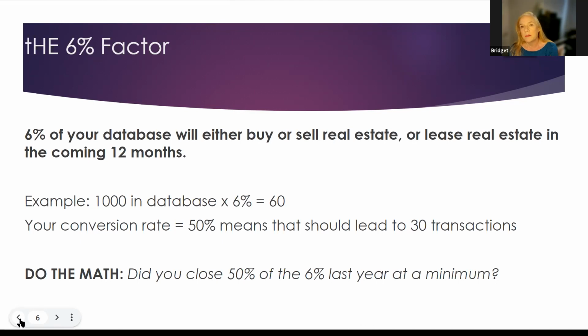The other possibility is you have 5,000 people in your database, but you only talk to 50 of them with any regularity, and there's not consistency in touches and impressions going out to the rest of the group. So you're not capturing that business.